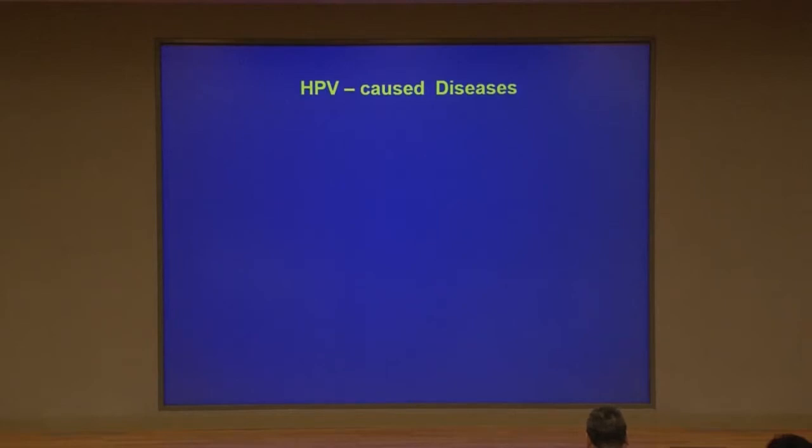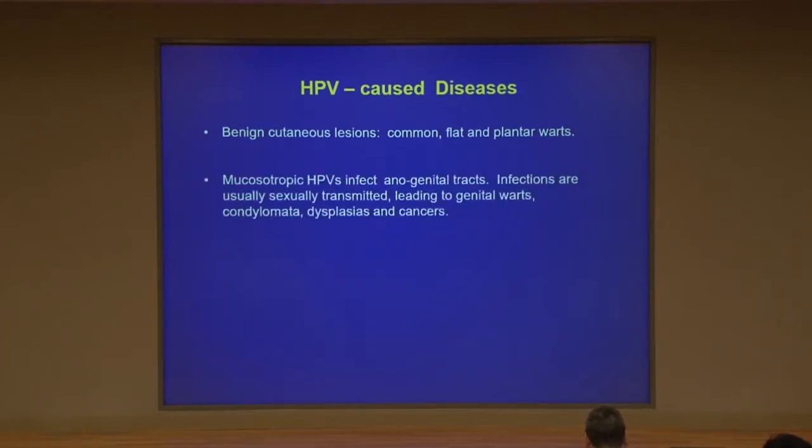Now, what are the diseases you actually see? You have warts, which could be on your hand, on your leg, on the palm of your hand or bottom of your sole. And the most concern is the mucosal tropic viruses. They can infect the anogenital tract, and these infections are usually sexually transmitted.